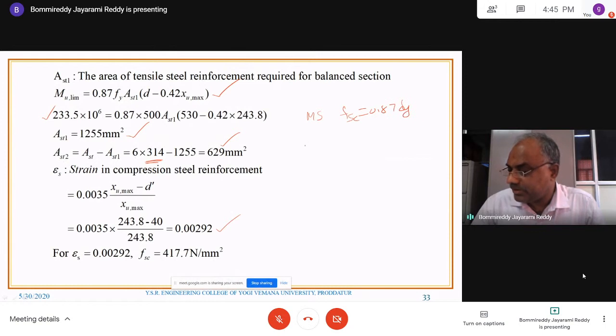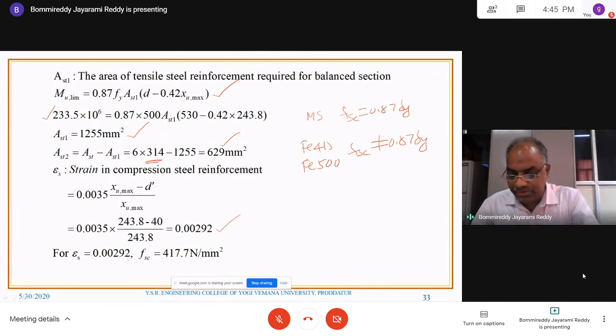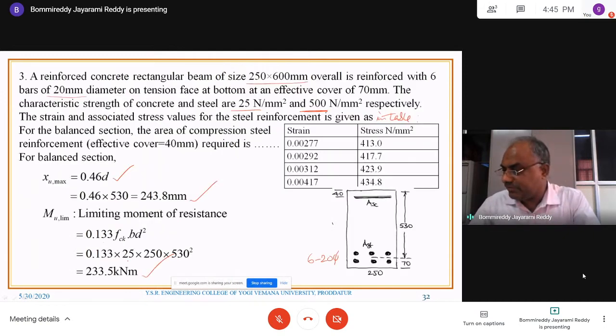For others, that is for Fe 415 and for Fe 500, FSC is not equal to 0.87 Fy. It is based on the strain values. So for 0.00292, in the question itself it is given strain and also stress. In the table it is given, but this is your calculated value, 0.00292.